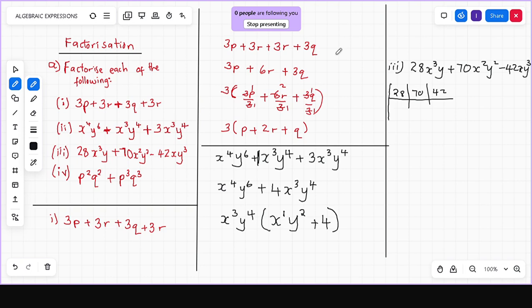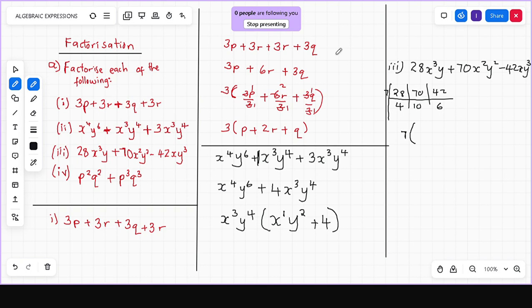Let me start with 7. 28 by 7 got 4, 70 by 7 got 10, 42 by 7 got 6. So the GCD, the common factor in the numbers, is 7. Take 7 outside the bracket.